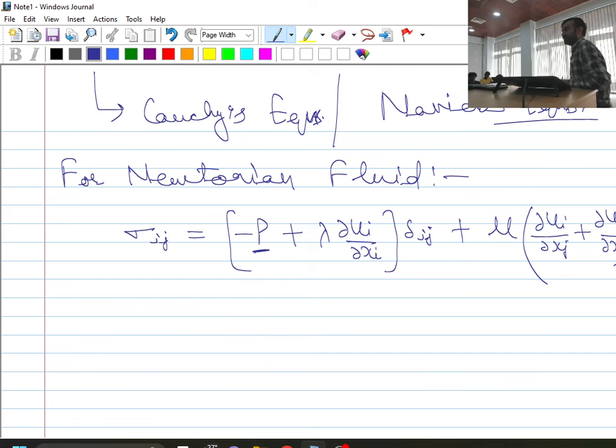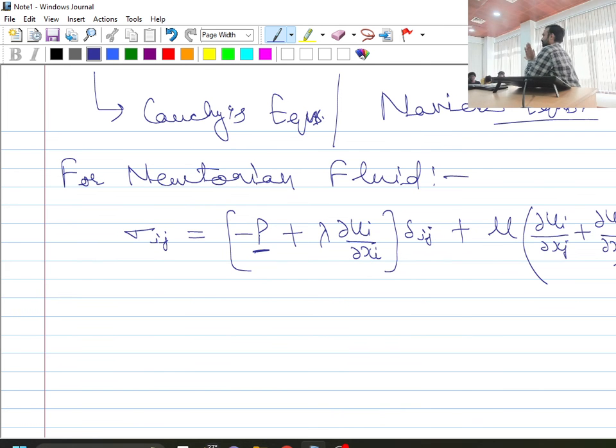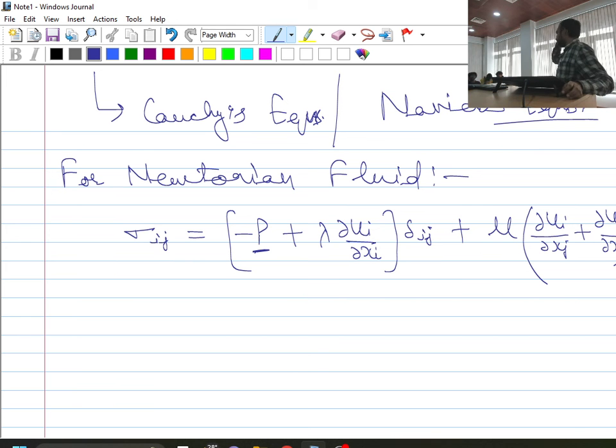First point is clear. Second point is, when you are having a fluid medium, that fluid medium can deform in linear direction. And what was the rate of deformation of fluid in linear direction? If you recall my previous lecture where I have talked about linear deformation, the rate of linear deformation in x direction was del u by del x.